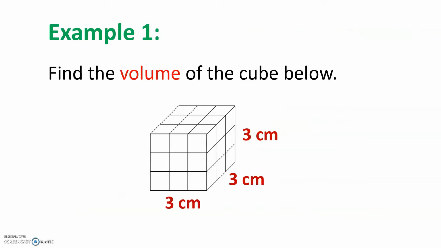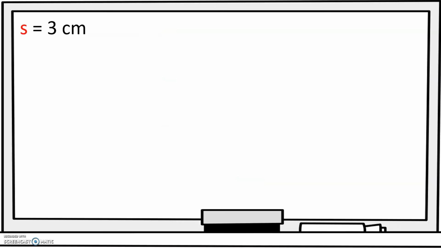For our first example, we are asked to find the volume of the cube, which measures 3 centimeters on each side. Now let's try to solve this question. Remember, to find the volume of a cube, we use the formula V is equal to S times S times S. We are given that the cube measures 3 centimeters on each side.